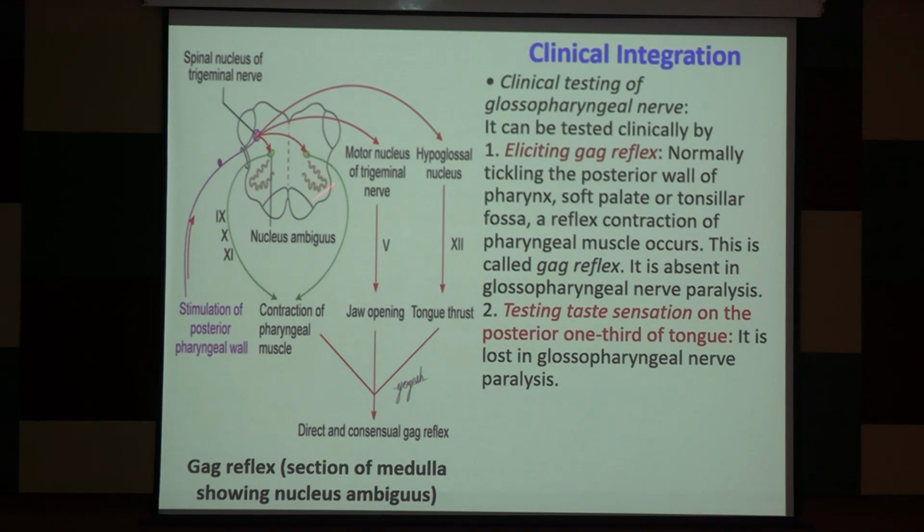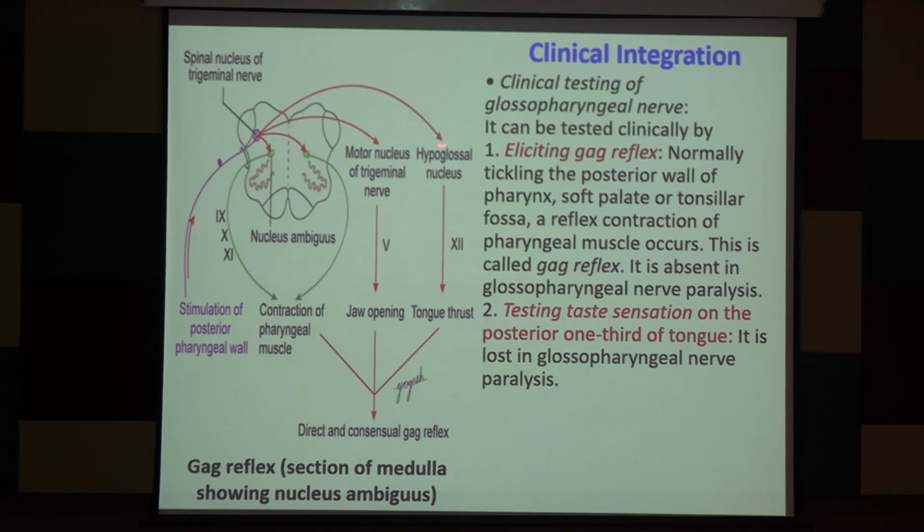See here, the gag reflex has been explained. Stimulation of the posterior pharyngeal wall sends sensations to the nucleus ambiguus, and it will lead to contraction of the pharyngeal muscle.